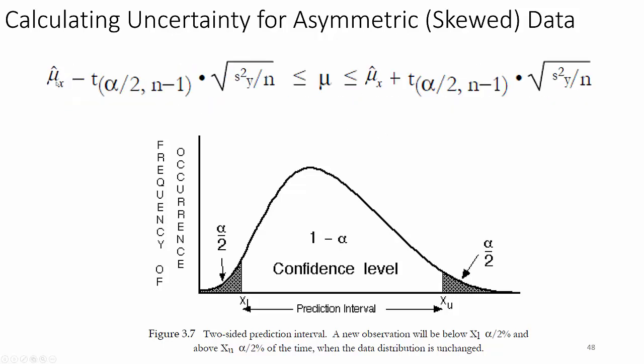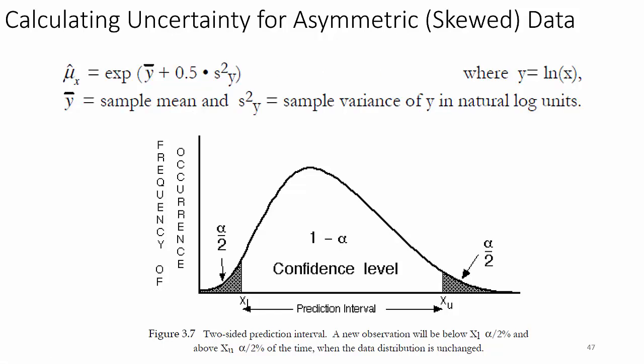We calculate the estimator mu x minus t alpha times the square root of the variance of y over n. That's the lower, and the upper one is the estimator plus t alpha times that same term. Remember that mu x is calculated differently for each circumstance. We add 0.5 times the variance to the mean of y in order to calculate it.